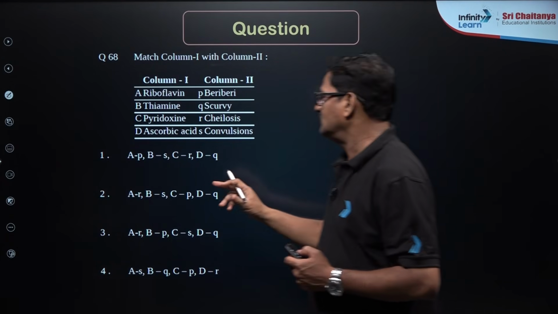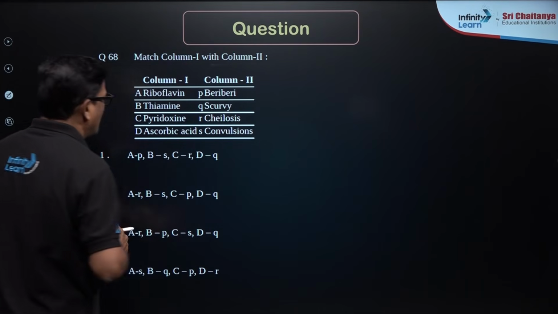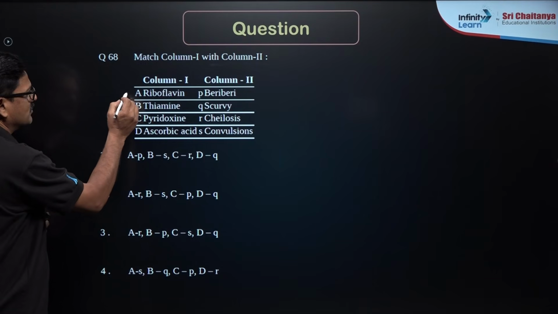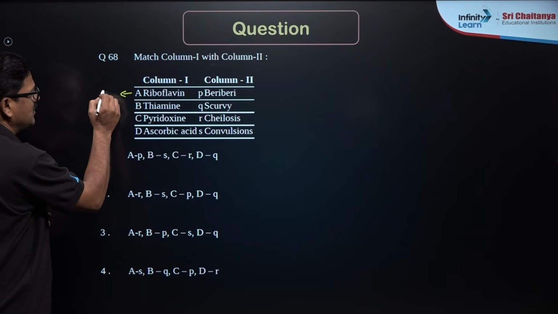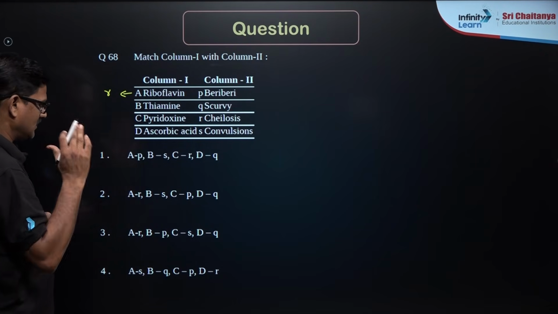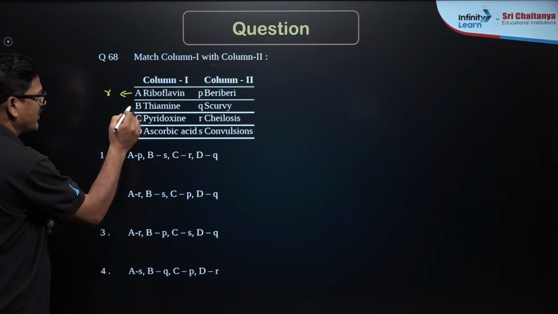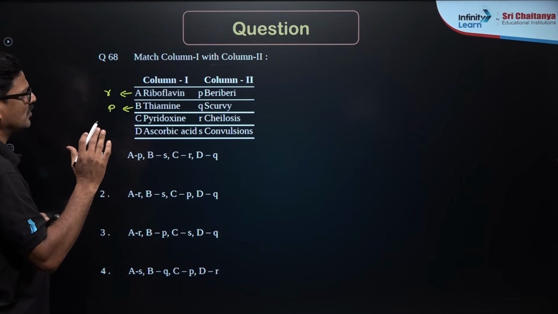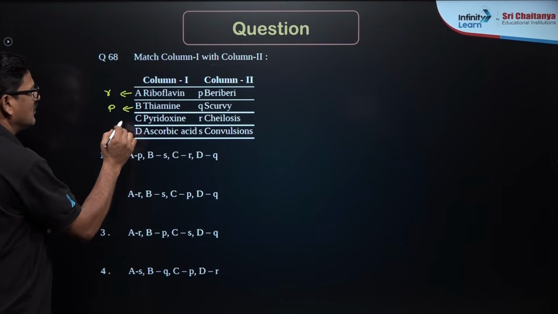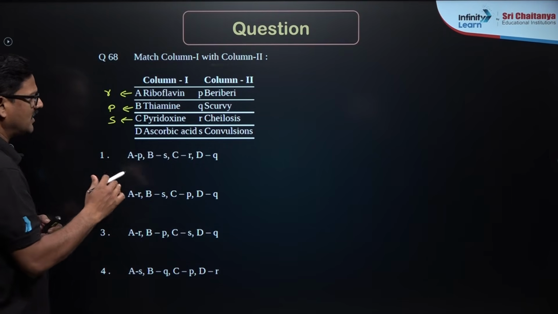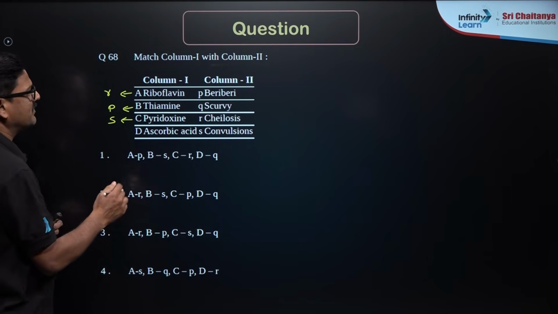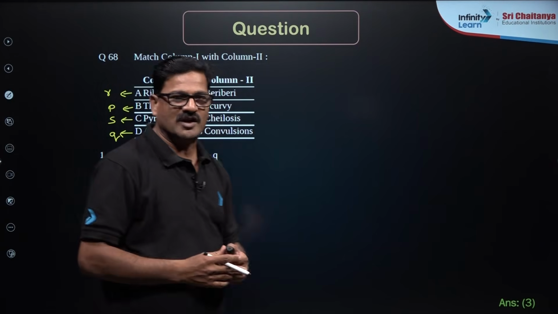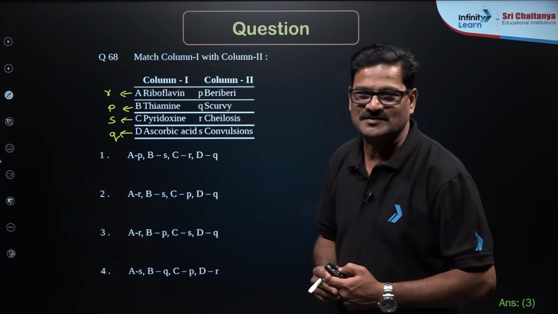Let us see: riboflavin, the deficiency syndrome is going to be cheilosis, thiamine it is going to be beriberi, pyridoxine it is going to be convulsions, and ascorbic acid it is going to be scurvy. So option 3 is the correct answer for this question.